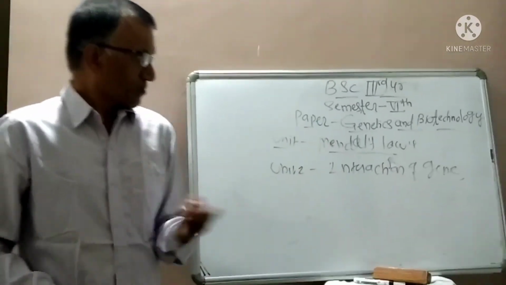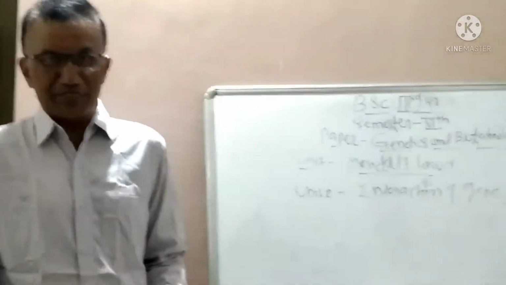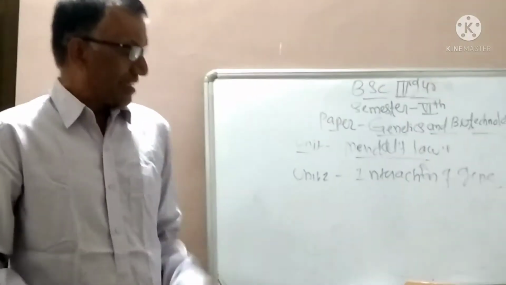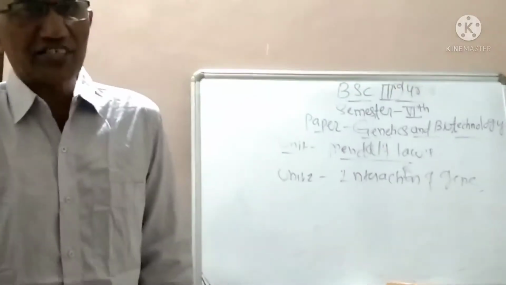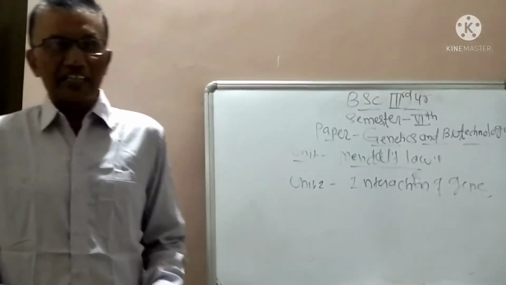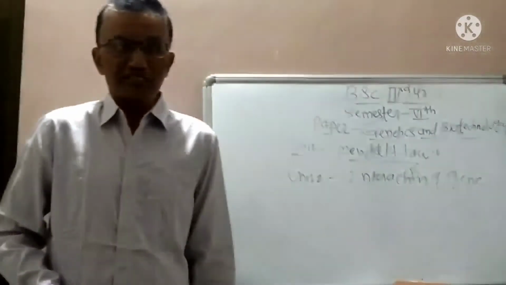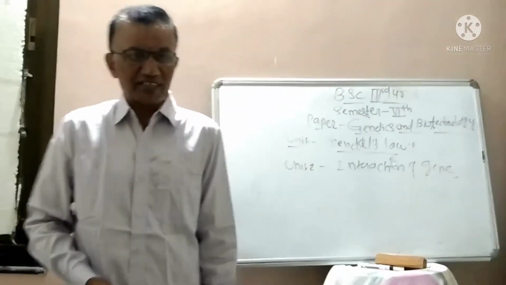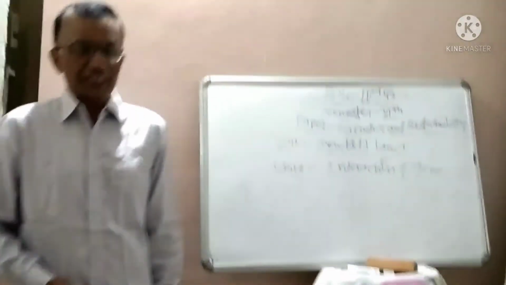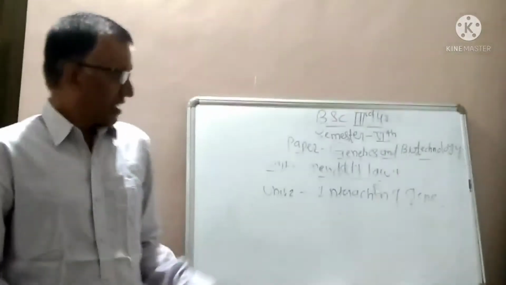First of all, you have to understand what is meant by interaction of gene. In that, again, intra-allelic interaction, inter-allelic interaction, complementary factor, supplementary factor, duplicate factor, duplicate gene. All these things are there.